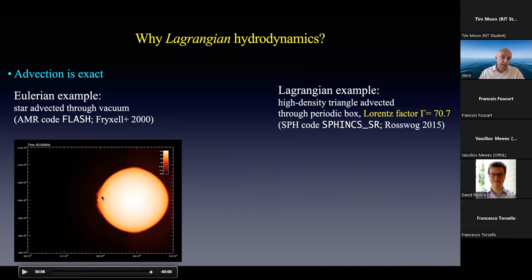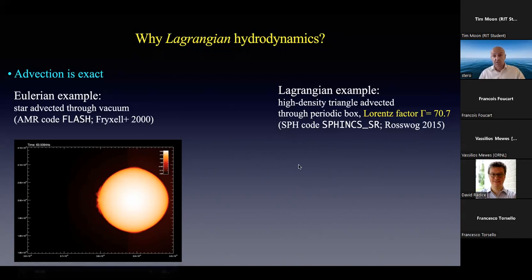And you start seeing these plumes showing up here. And this is, of course, just an artifact because you have to do work for the advection in a Eulerian method. And of course, you can always argue, well, with good enough resolution, this all goes away. But let's be honest, normally we don't have all the resolution that we would like to have. And therefore, it would be nice to have something which is also good at advection.